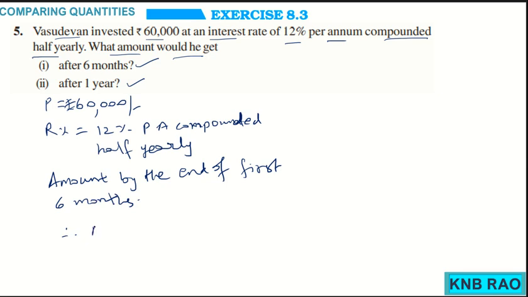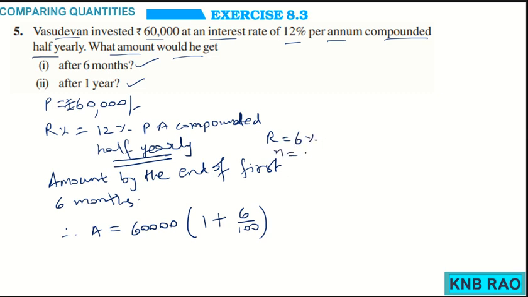that means A equals 60,000 into 1 plus the rate of interest, which becomes 6%. Why does the rate of interest become 6%? Because it is half yearly. Therefore here R becomes 6% and N becomes 1, because I am considering the first 6 months, raised to the power 1.